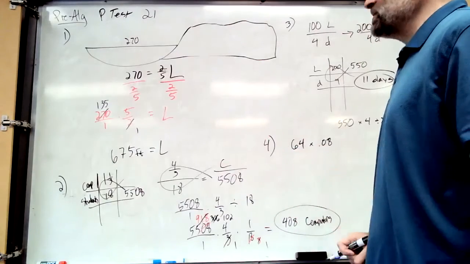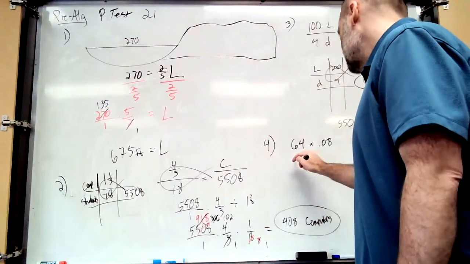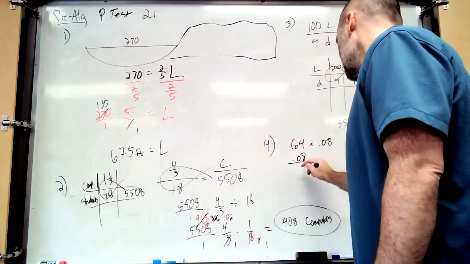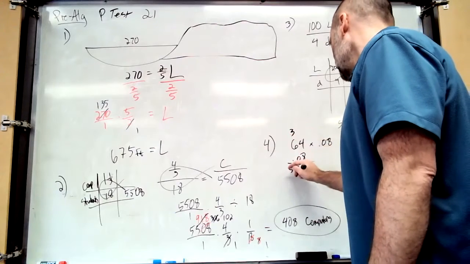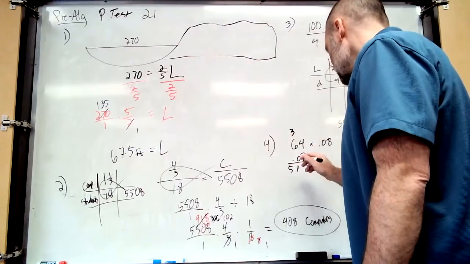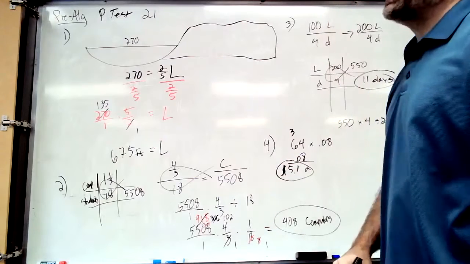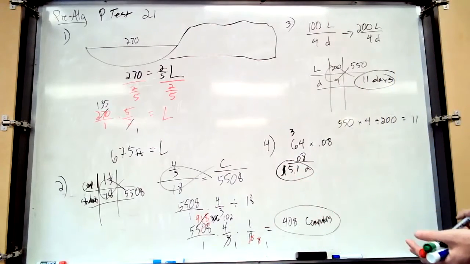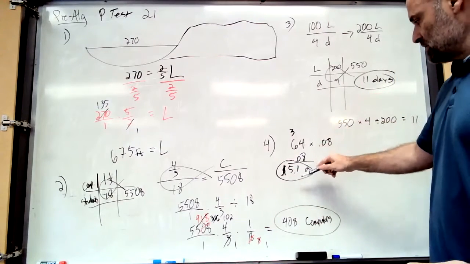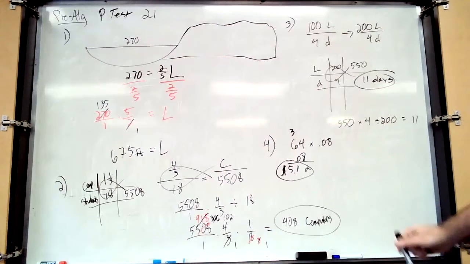You just need to know how much tax was added. Okay. So times 0.08, 512. So the decimal goes over 2 places. So this is how much sales tax was added. So if you wanted to do the total price, it would just be $69.12. But it's just asking for the sales tax.